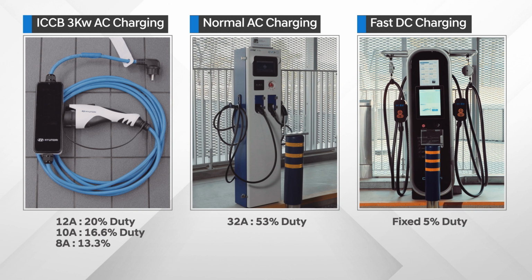And for 7 kilowatt normal AC chargers, 32 amperes charging current shows 53%. If a fast DC charger is connected, the duty output is fixed at 5%. Therefore, CP duty can show information of charger connection status, charging type, and charging start-end information.